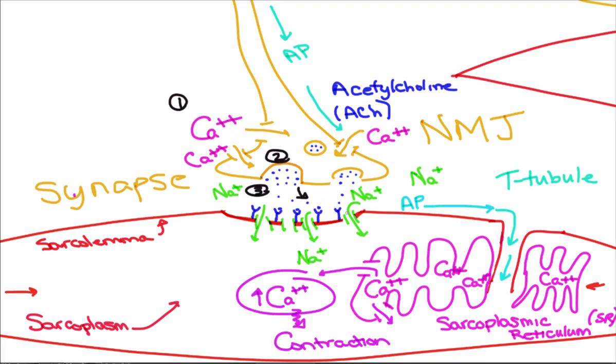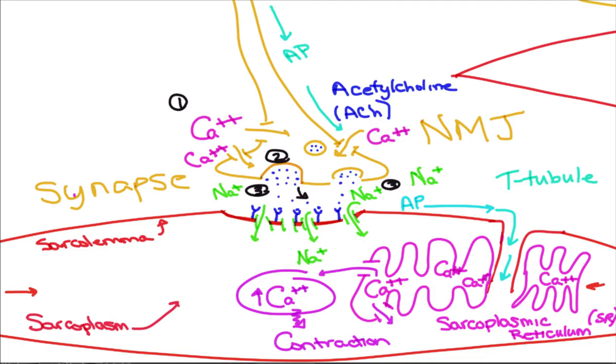Once it binds to the receptors and opens the gates, we see another type of facilitated diffusion as sodium ions move through their associated channels into the cell. We're not going to really talk about what's going on with the action potential because that's for next week.